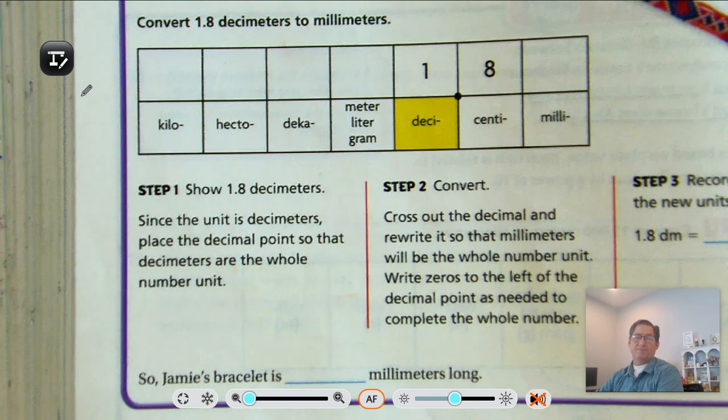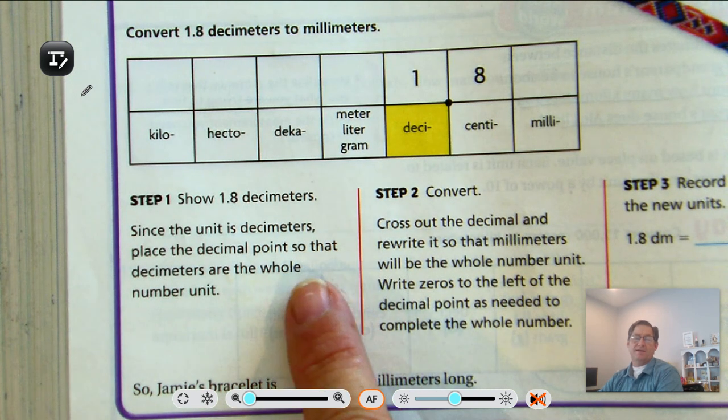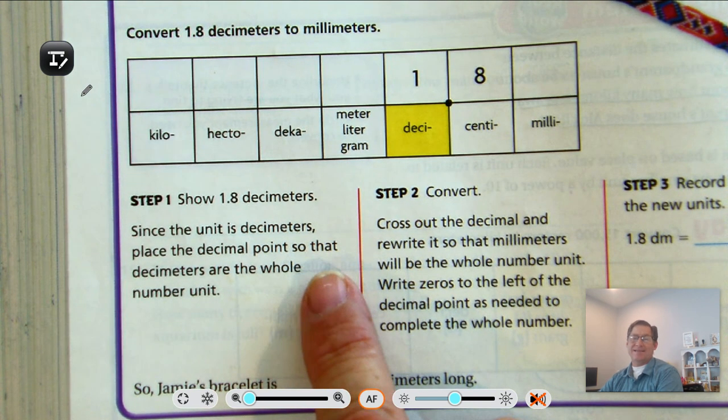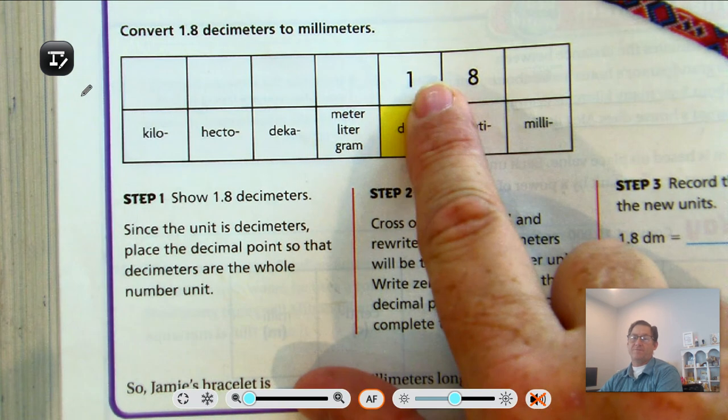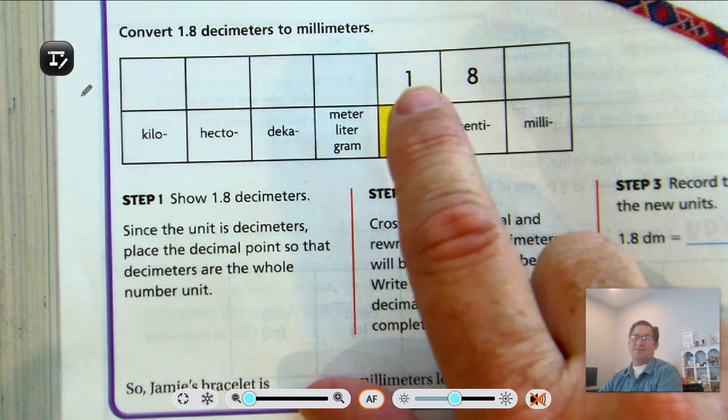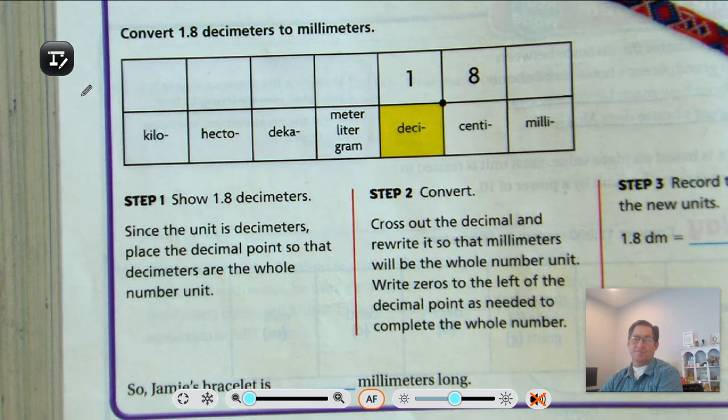Show 1 8/10 decimeters. Since the unit is decimeters, place the decimal point so that the decimeters are the whole number units. Okay, so we have 1 full decimeter and we have 8/10 of a decimeter.